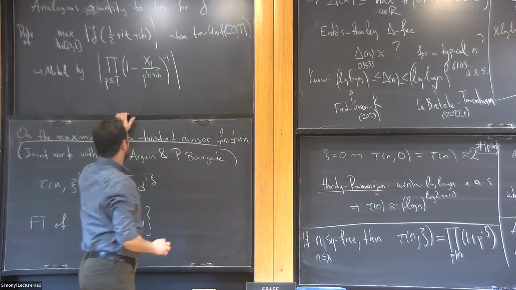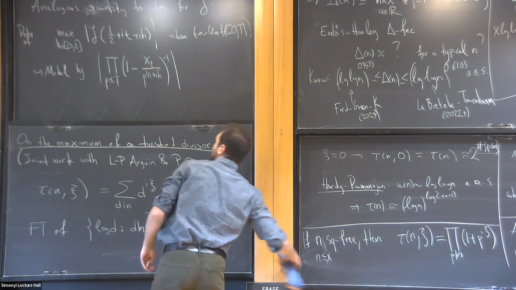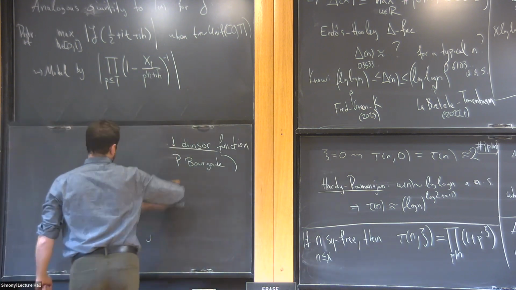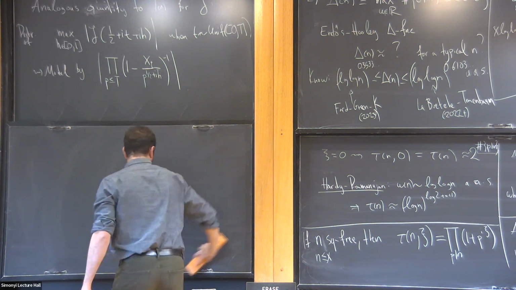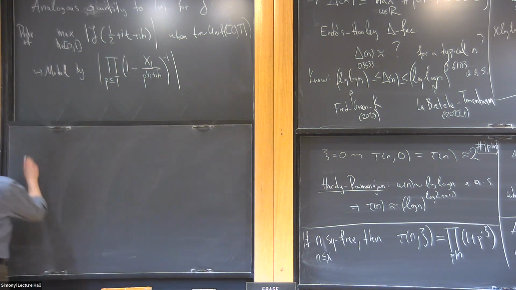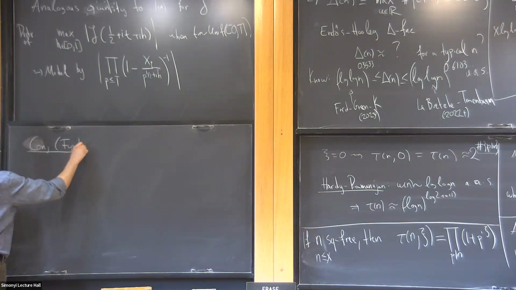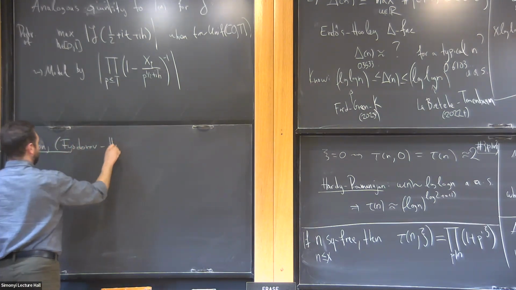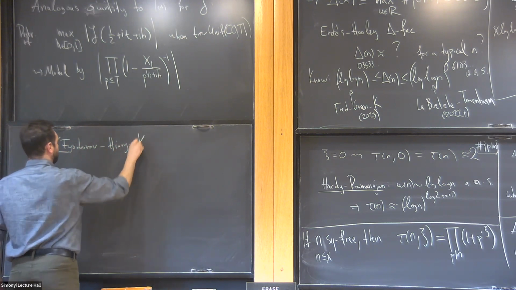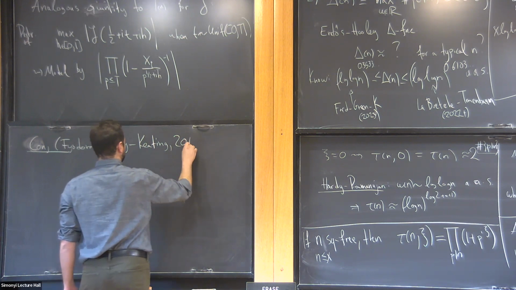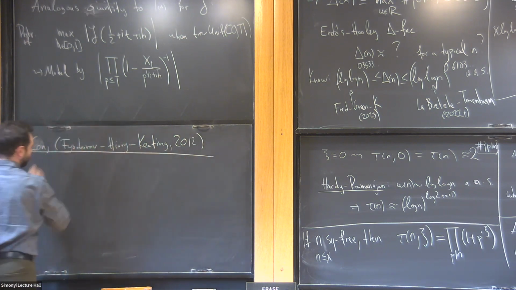So there is this conjecture about this maximum of zeta that has inspired a lot of work in the subject. And it's a conjecture by Fyodorov, Hiary, and Keating in 2012, if I'm not mistaken.